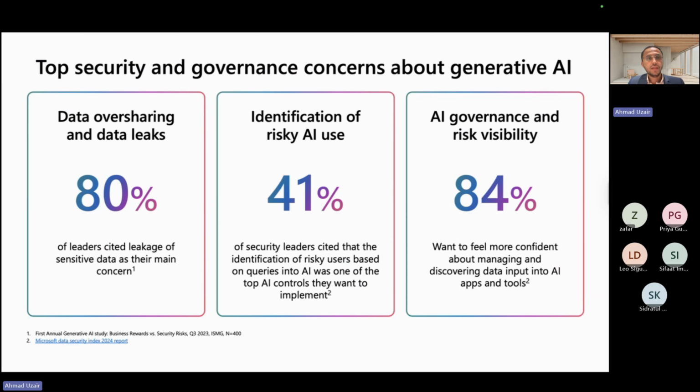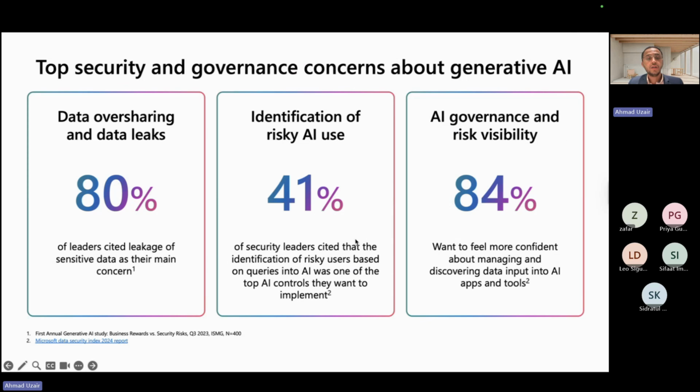If we look at the top security and governance concerns about generative AI, 80% of them are data oversharing and data leaks. 80% of leaders cite leakage of sensitive data as their main concern for generative AI. We have seen in the past that a lot of organizations banned the use of generative AI because people were putting sensitive information into ChatGPT and other AI tools, which is basically the identification of risky AI use as well, right? So queries into AI was one of the top AI controls they want to implement.